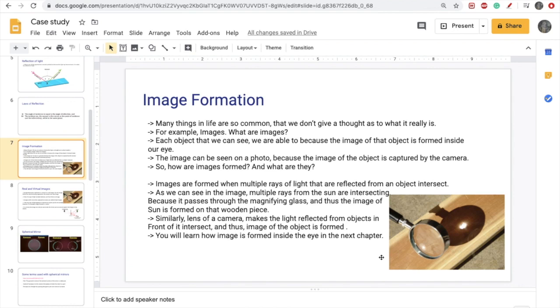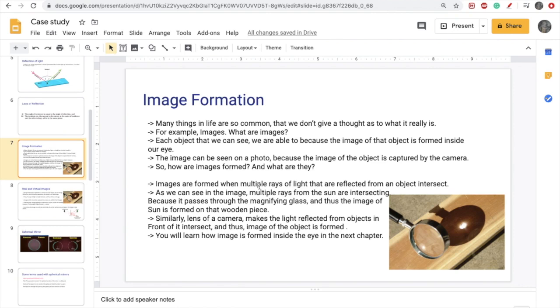Okay, so here in this image, there are multiple rays of the sun coming to the magnifying glass. What it does is focus, it will bend the light after passing, like this, and it will form an image here. This is the image of the sun. Why is this image coming? Because all this light is coming and intersecting here, correct?